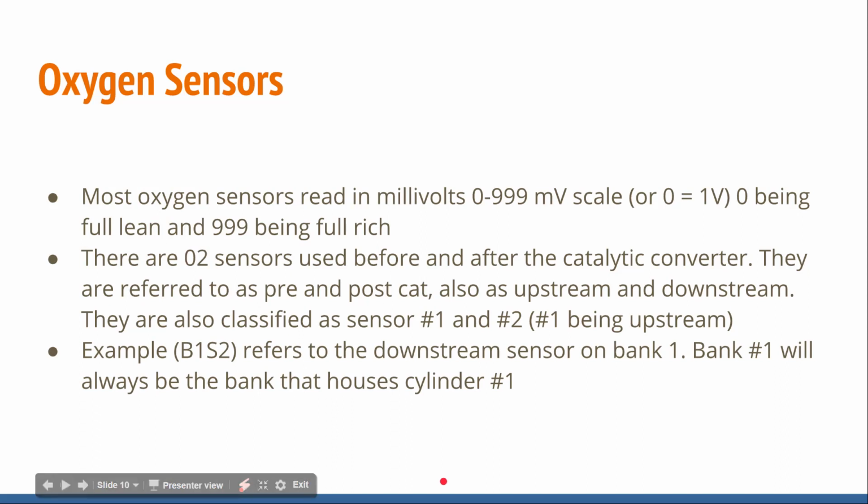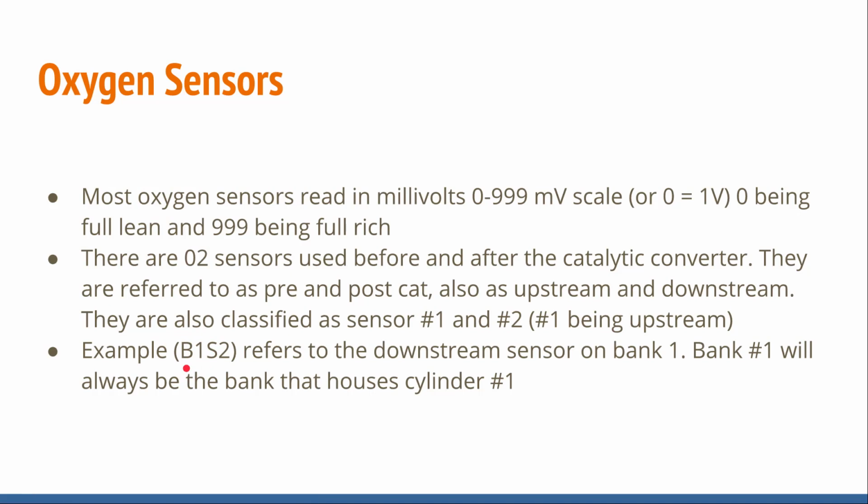Example, you're going to hear somebody say bank 1 sensor 2, O2 sensor. So what in the world does that mean? That refers to the downstream sensor on the number 1 bank. B1 stands for bank 1.